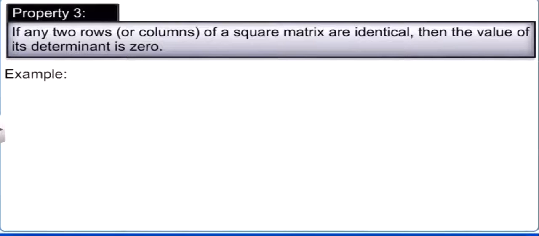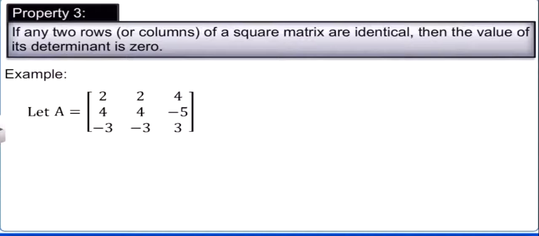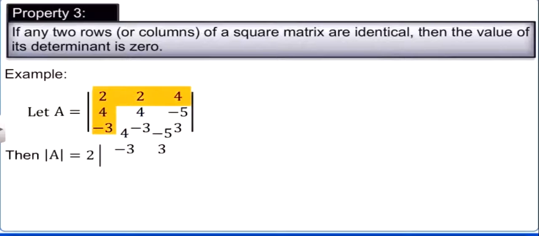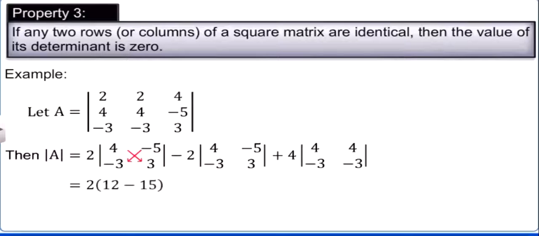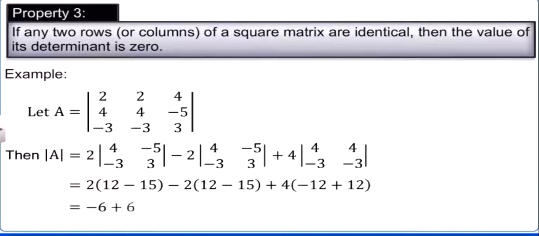Let A be a 3 by 3 square matrix such that its first and second columns are the same. On evaluating determinant A along the first row, we get 0.